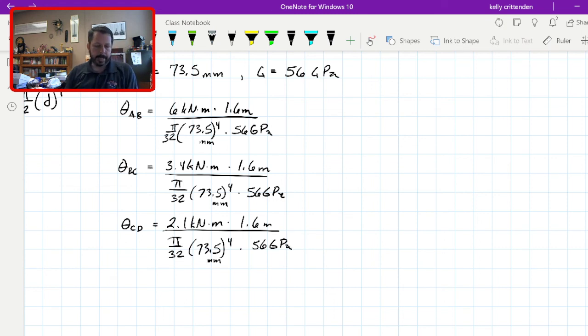Okay, and I would need to add each of these together. They're all going to twist in the same direction because they're all removing torque, so they're all opposing the 6,000 Newton meters going in. They're all opposing that, so that creates the same direction torque or twist on each one of those sections.